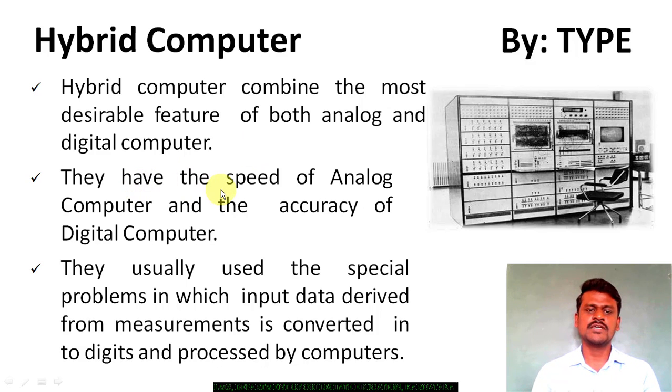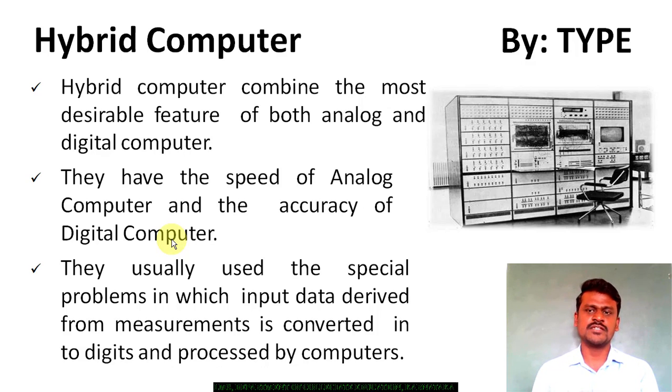They have the speed of analog computers and the accuracy of digital computers. That is how hybrid computers combine the two: they take the speed of analog computers and the accuracy of digital computers.